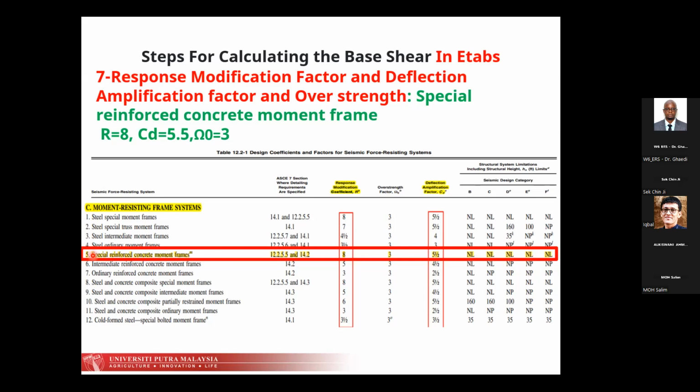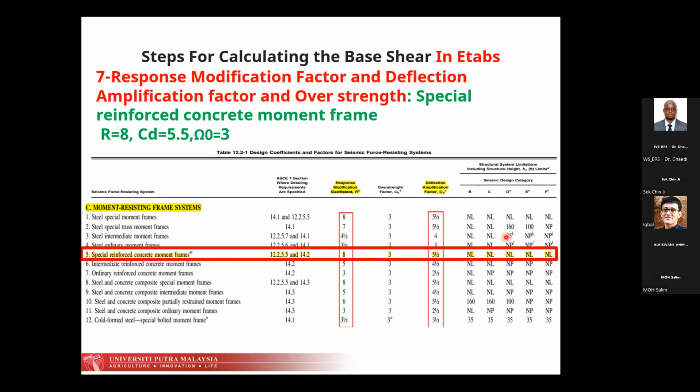But if we go to an intermediate reinforced concrete moment frame, we see for B, we can apply this. For C also, like in our structure, we can choose between special and intermediate. It depends on engineering judgment actually. But in D, it's not applicable.